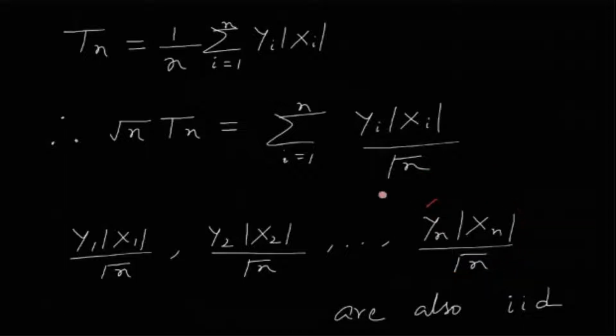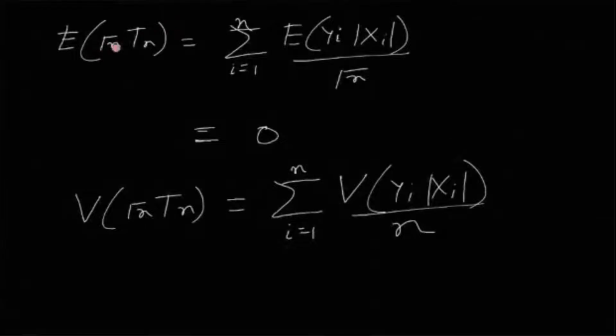These individually are all IID random variables, following some distribution. We don't need to know about the distribution. We just need to know that they are IID. So root n into Tn is nothing but a sum of IID random variables.